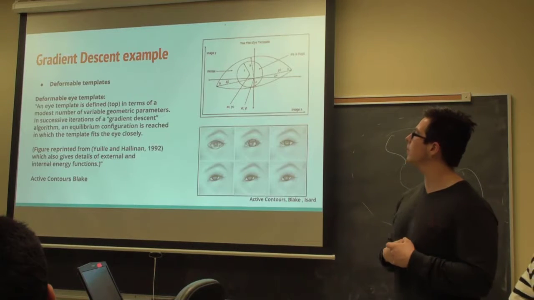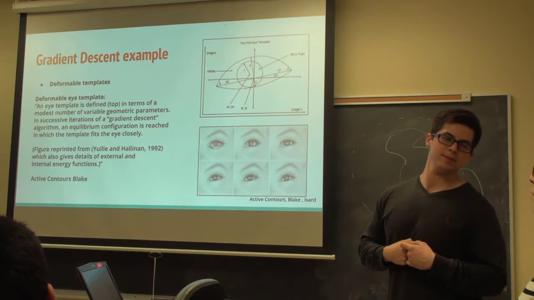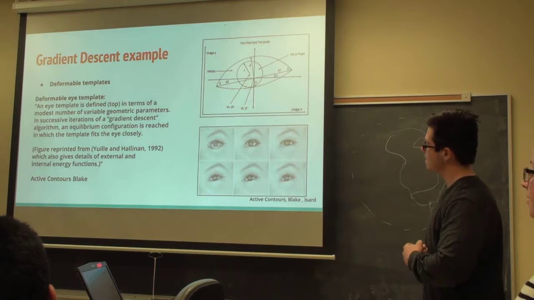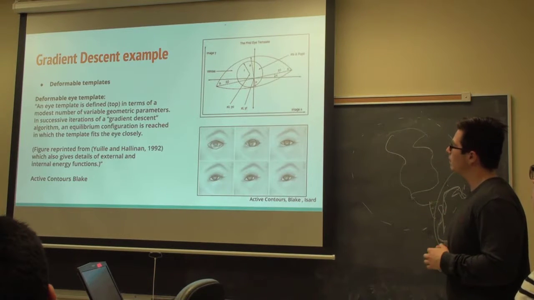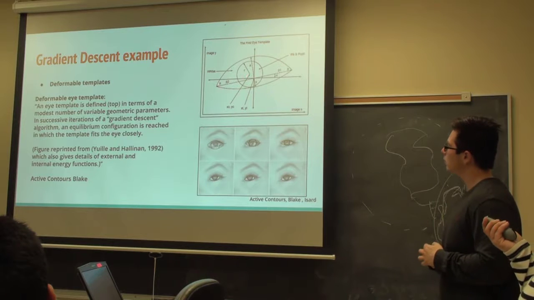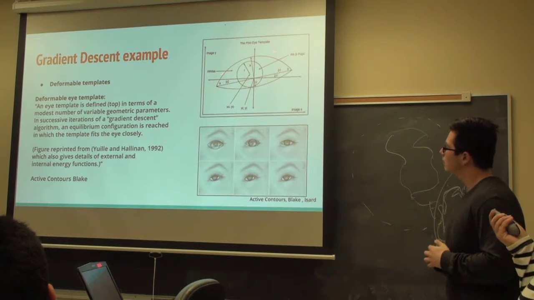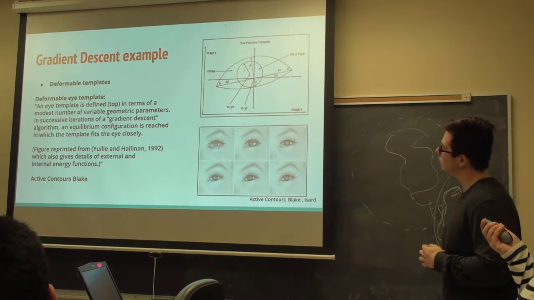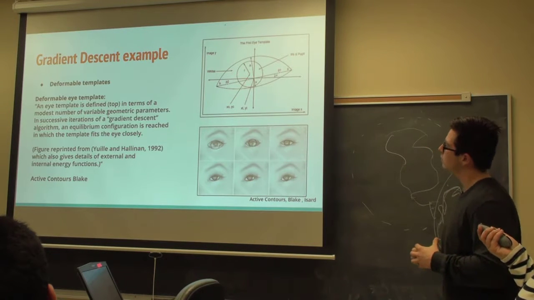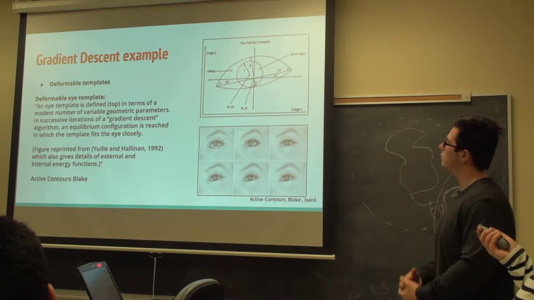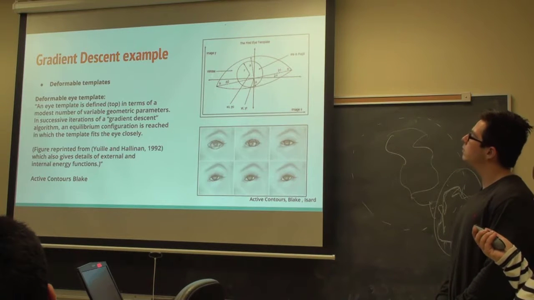Okay, so one example of gradient descent is deformable templates. In our initial image, we have some parameters that we select. We say, okay, this is the iris and the pupil, and the eye has to have this kind of shape.